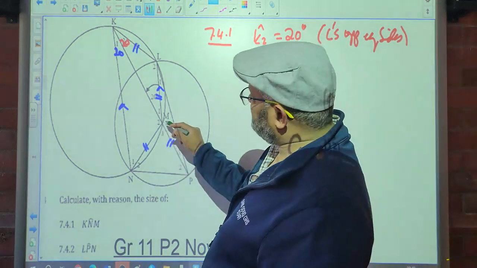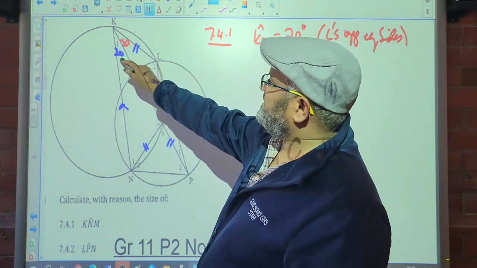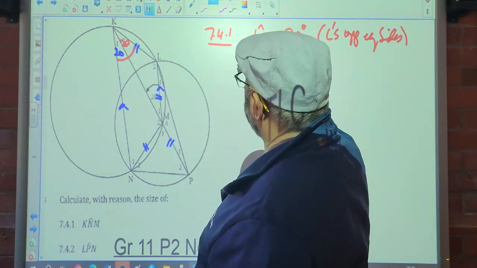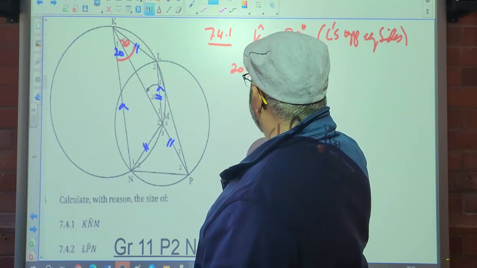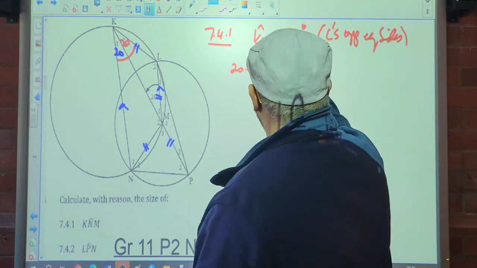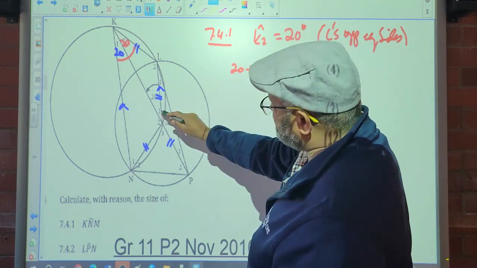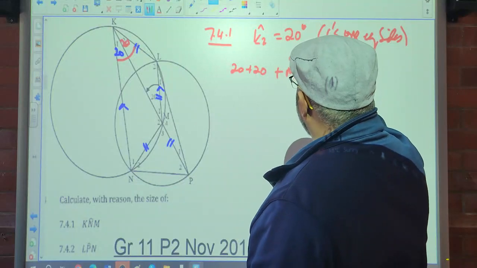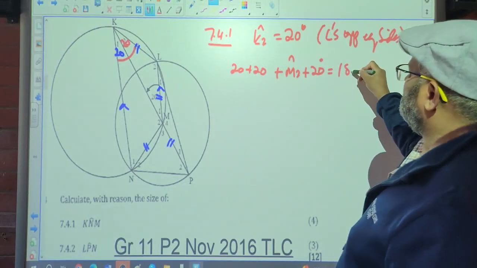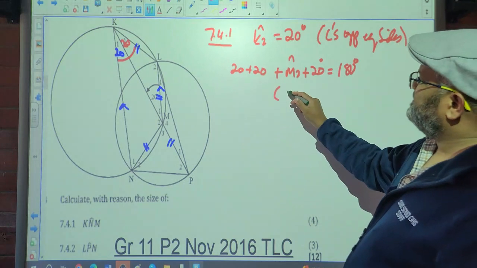So now we're saying that this angle here, which is 40 degrees, or 20 plus 20, plus M2, plus that 20 degrees, equals 180. Why?